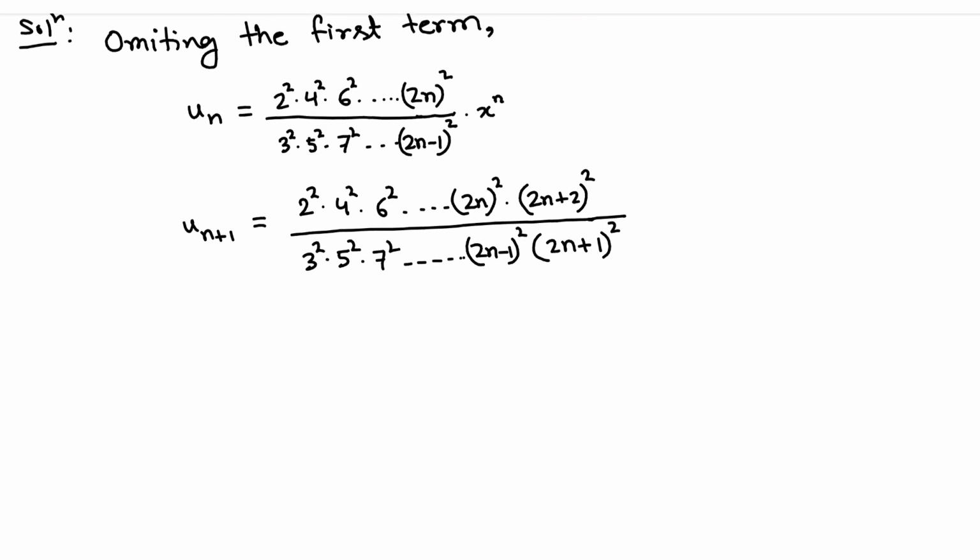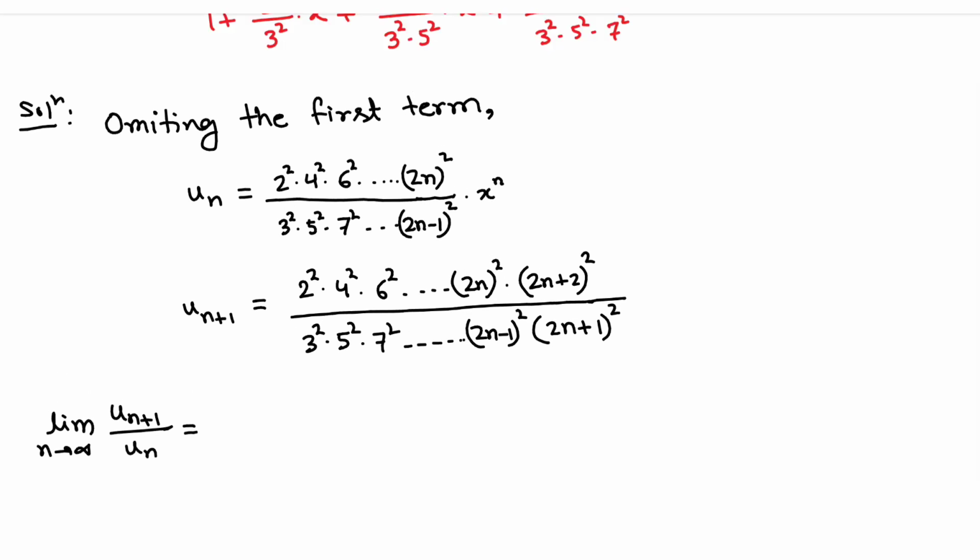Now apply limit n tends to infinity un plus 1 divided by un. This is x to the power n, so the next is x to the power n plus 1.